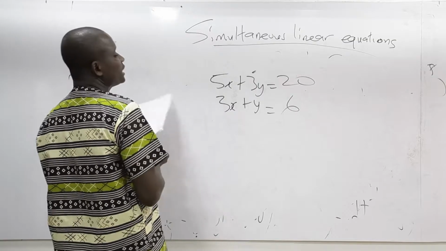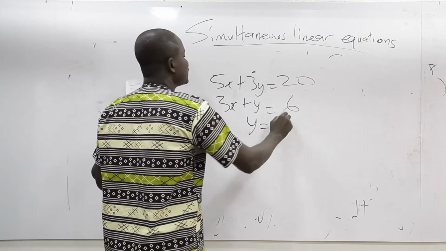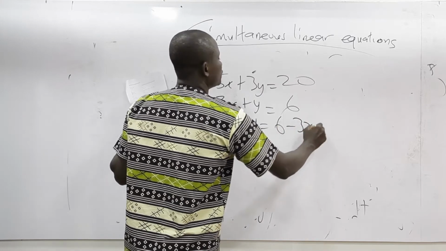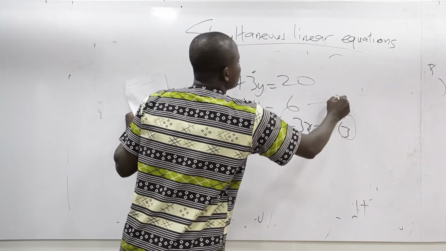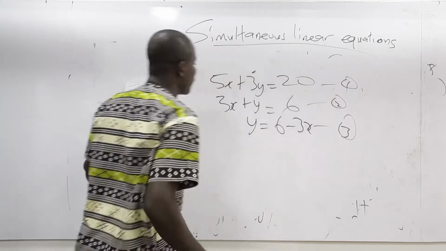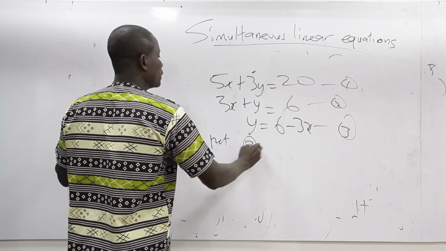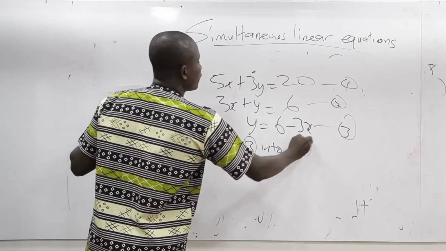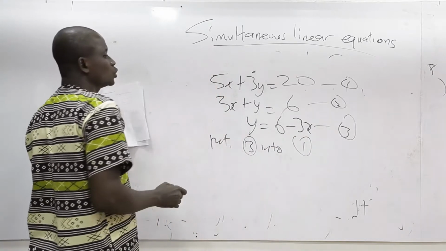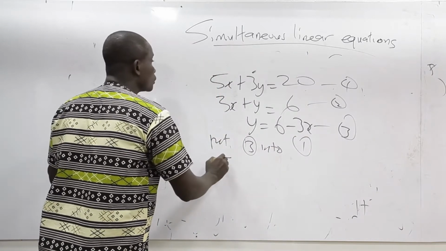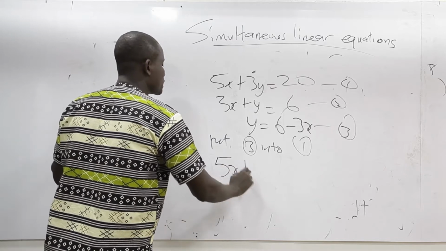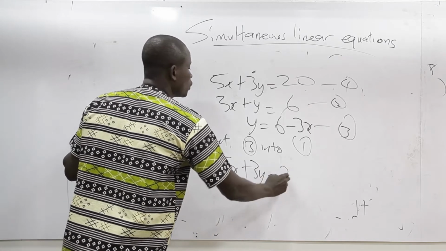I think y is standing alone here. So I can say y is equal to 6 minus 3x. This will be equation 3, equation 2, equation 1. So we are going to put 3 into 1. Why? Because we formed it from equation 2. So the equation 1 is 5x plus 3y is equal to 20.